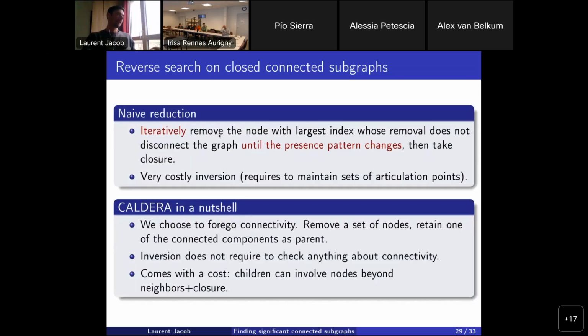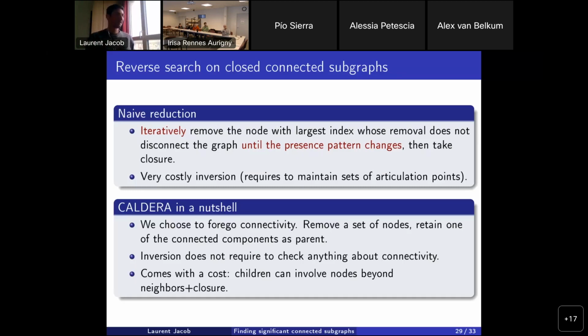If I want to do the same thing, but get a smaller closed connected subgraph, I need to remove nodes until I change the presence pattern. Otherwise, the closure is still the same. And then take the closure because I want to have a closed connected subgraph, right?